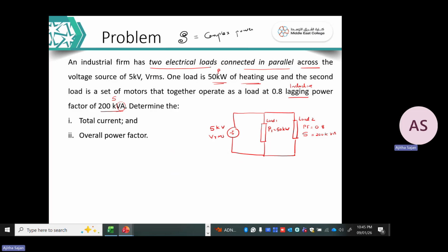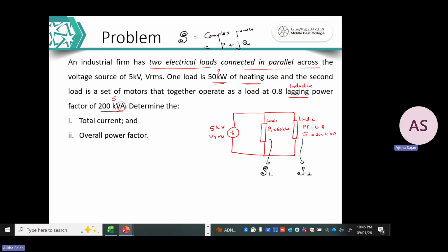You know the complex power is nothing but P plus jQ. What is P? Average power. What is Q? Reactive power. The unit of P is kilowatt, the unit of Q is VAR. So this is the complex power. Let me write the complex power for the first load as S1, and for the second load as S2.